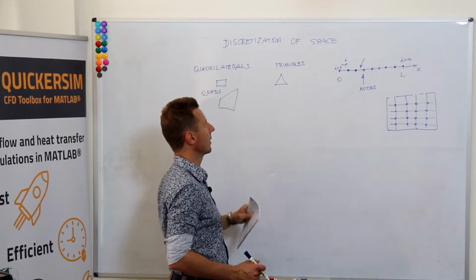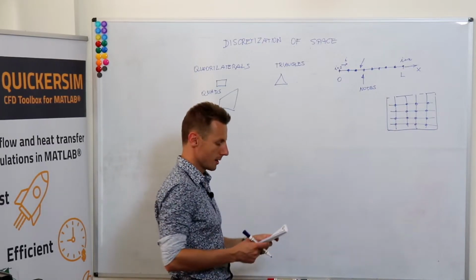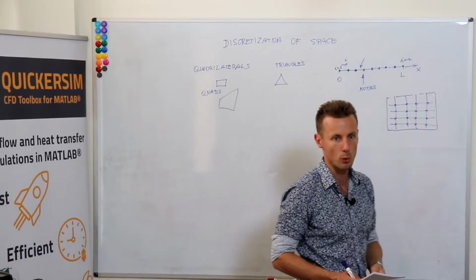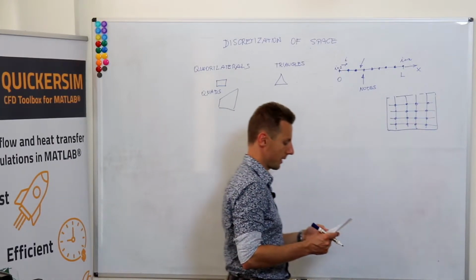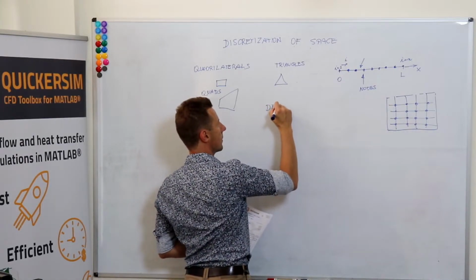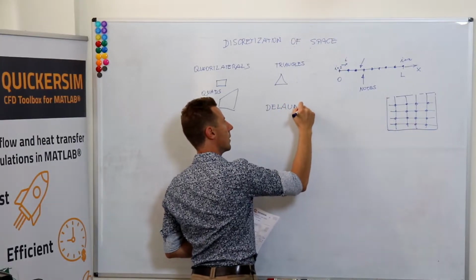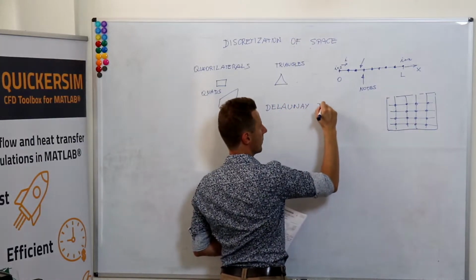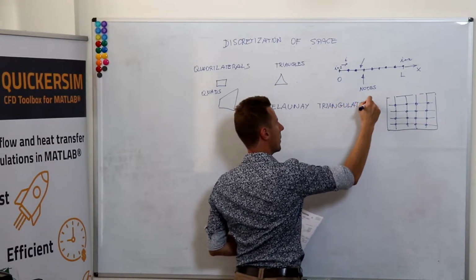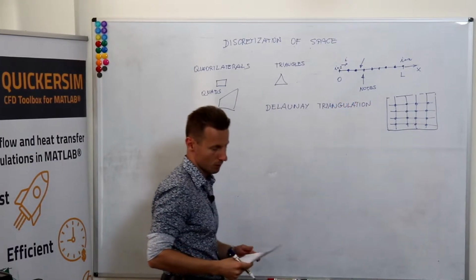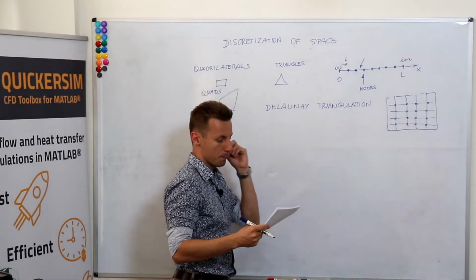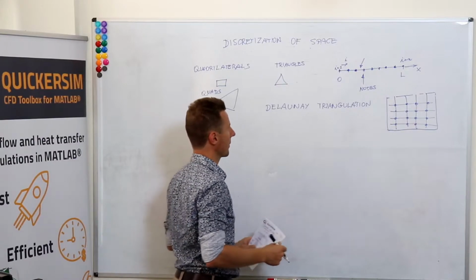When you want to subdivide the space into triangles, there are automatic algorithms that will always work. One of them is the Delaunay triangulation.